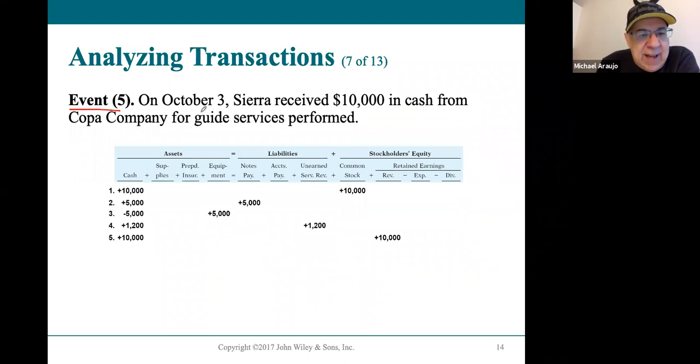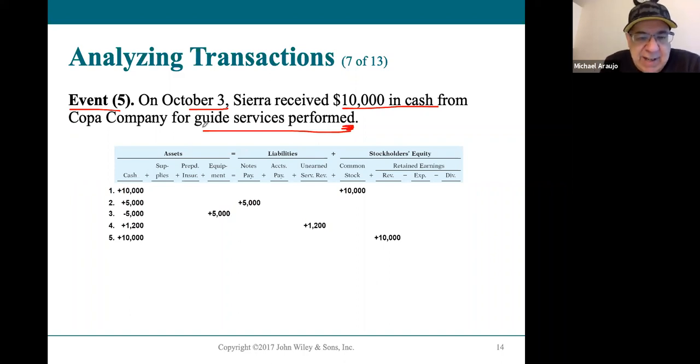The next event happened on the next day, October the 3rd. Sierra Corporation got $10,000 in cash from another company, Copa Company, for guided services performed. And I want you to know this word. Whenever you see the word performed, it means the work has been done.